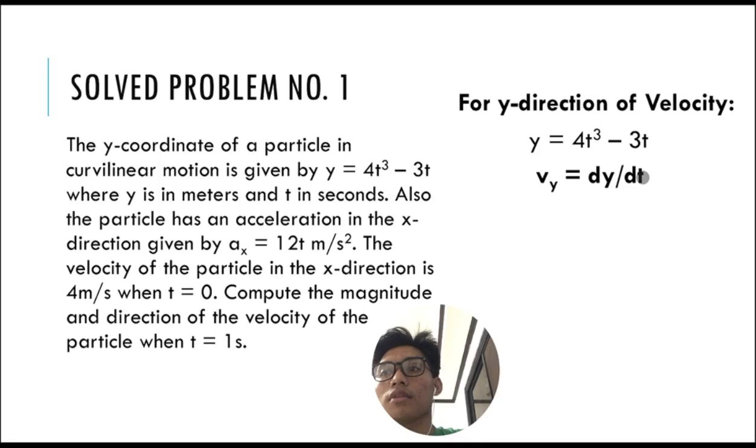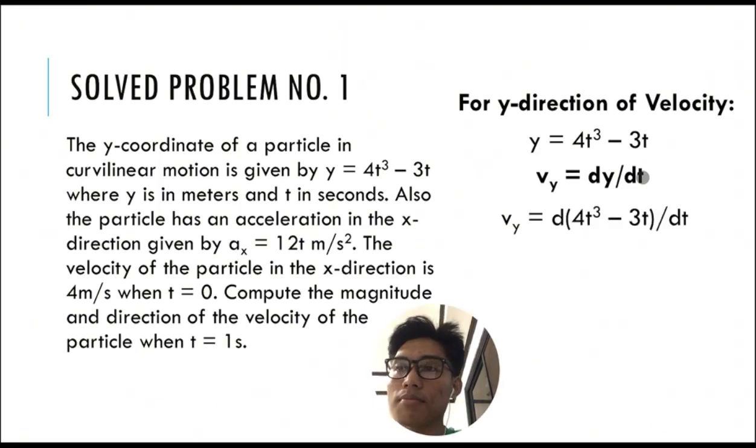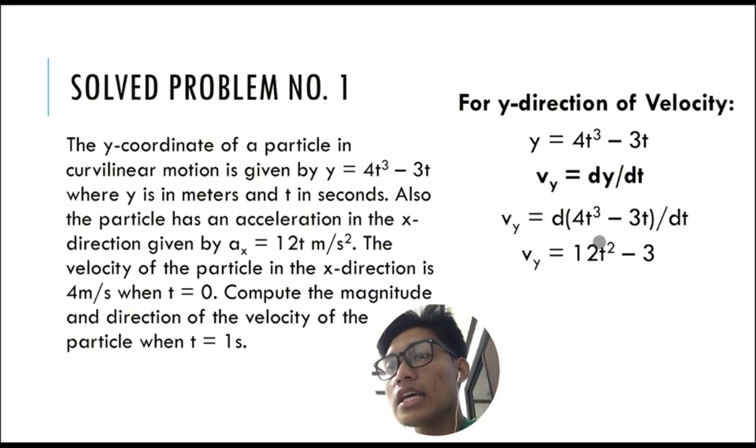Ngayon, anong gagawin natin? So, derivative na natin. I-substitute natin yung value ni y dito. And then, we will do the derivative. Okay, basic na basic. Derivative ng 40 cube minus 3t, so we have 12t squared minus 3. Kasi ito, minultiply nyo lang, tapos binawasan nyo lang ng isa yung power. So, ito na yung lumabas.